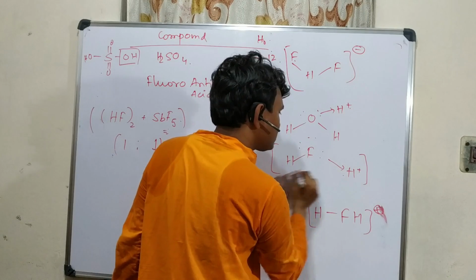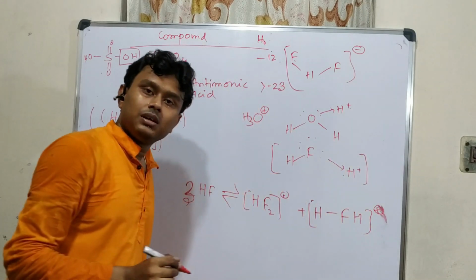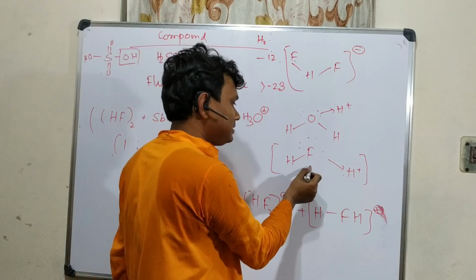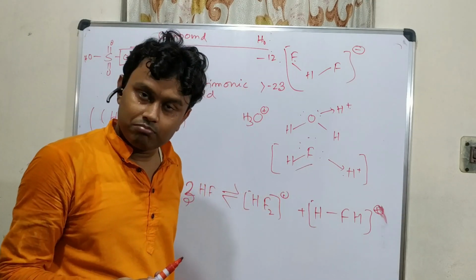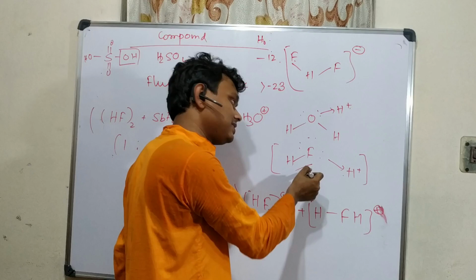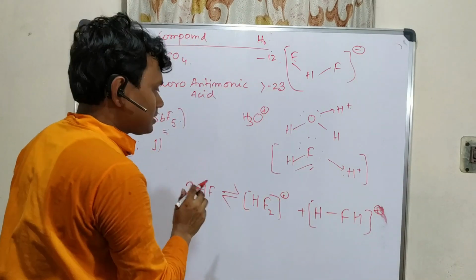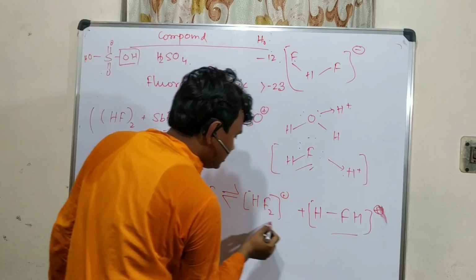So that is a similar type. In mineral acids we usually explain aqua based acid, with water as a medium for acidity; here HF is the medium. This is the reason for its stability in this way.